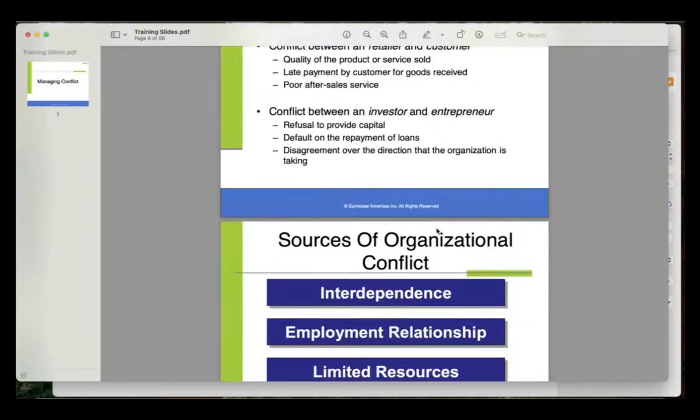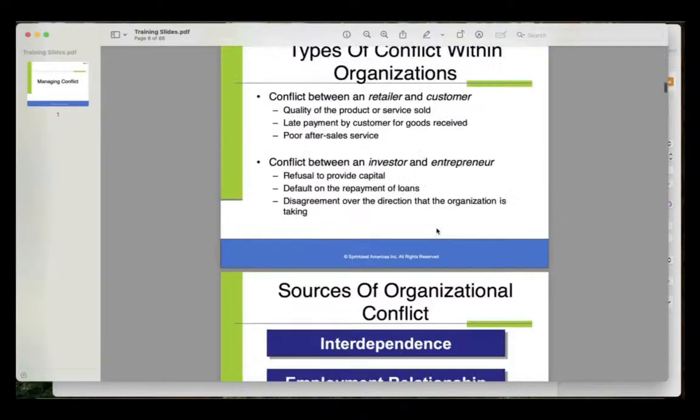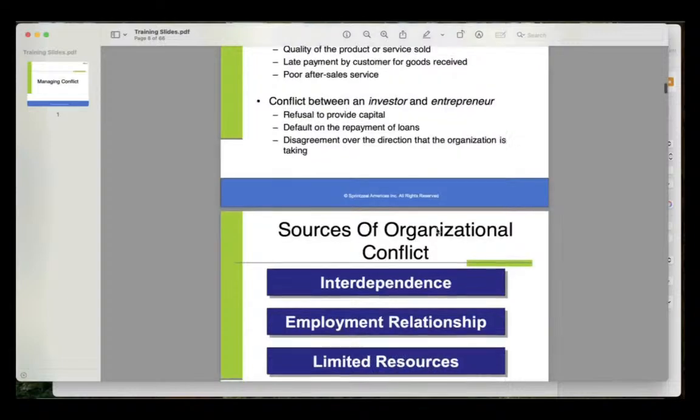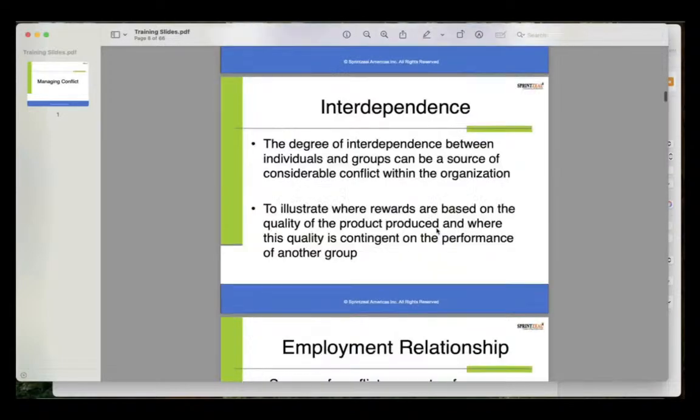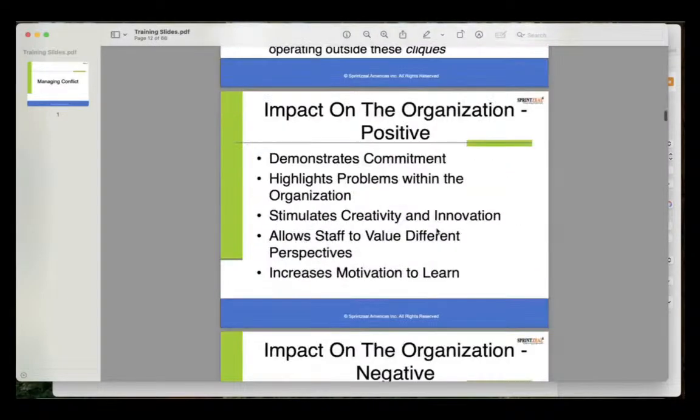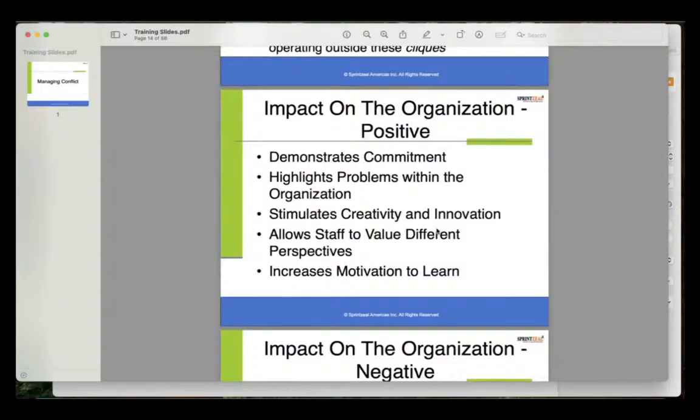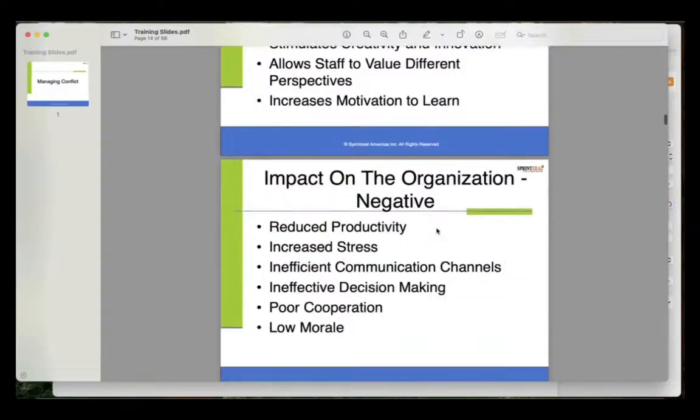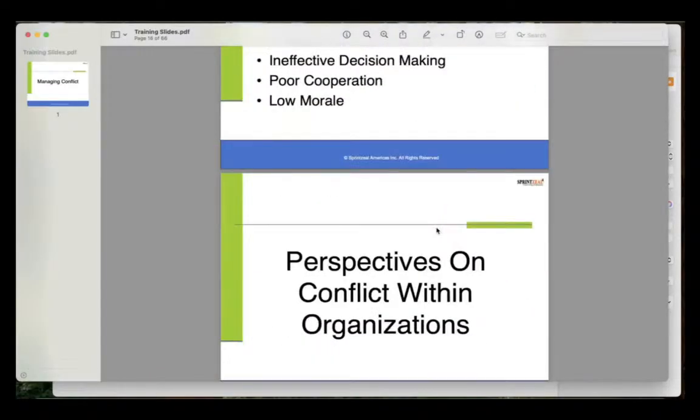Whenever there is any case scenario, like we discussed three cases right now, or any similar case comes, these are the steps when we are doing the conflict resolution. Then after identifying the source, we have to see the impact on the organization, whether the impact is positive or negative. That is the sub step you can say.